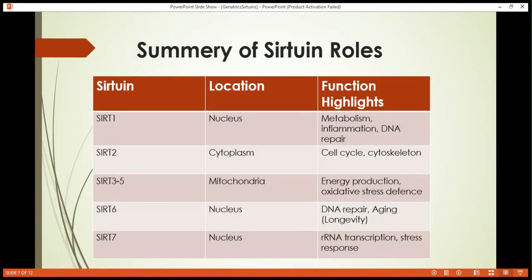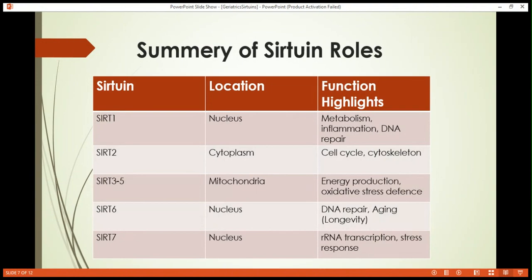And 3 and 5, like we already talked about, are located in the mitochondria, helping in energy production and oxidative defense.